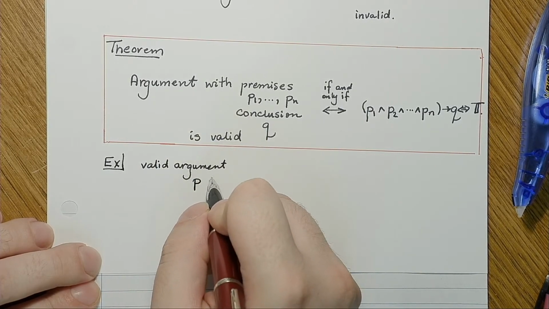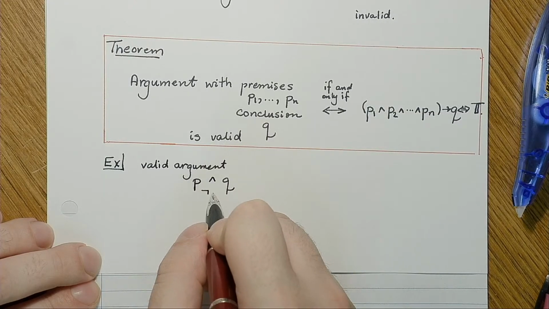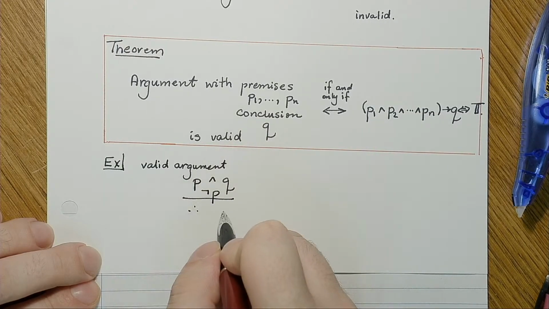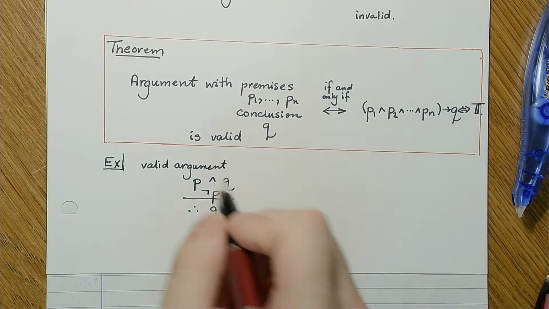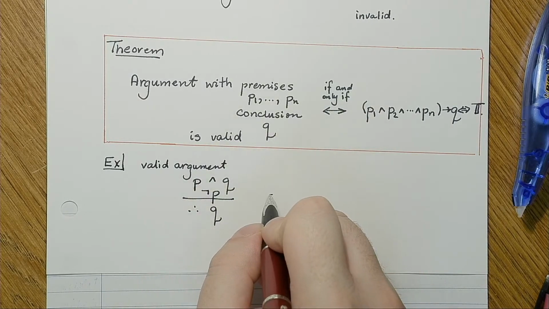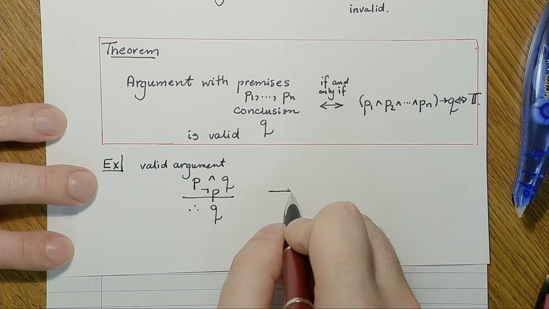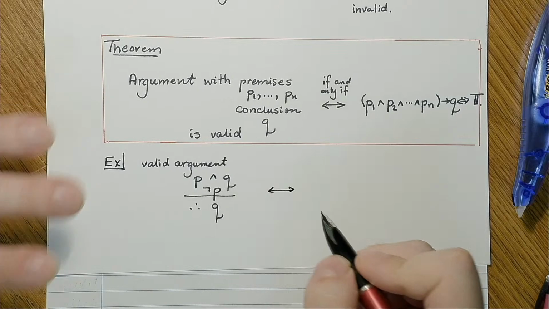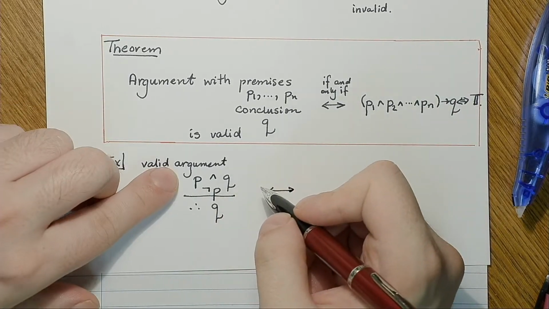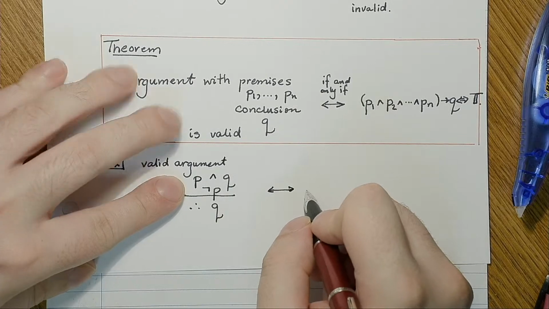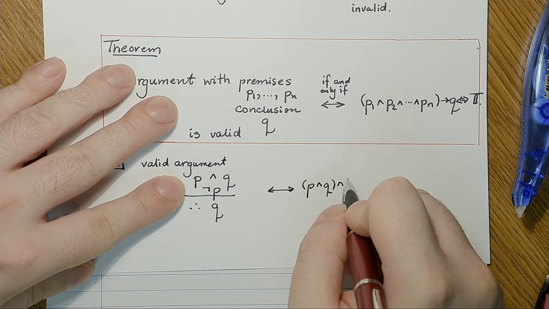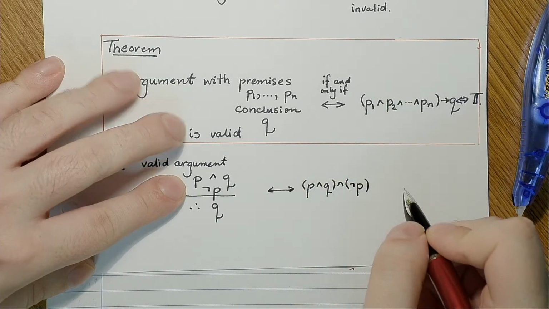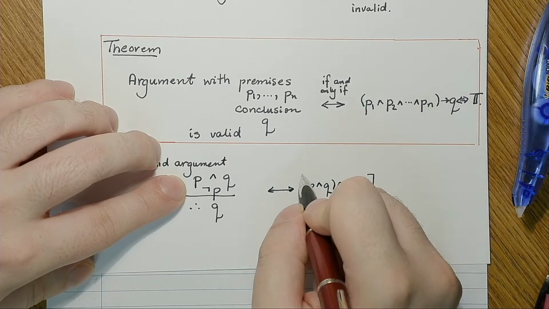I have P and Q. I have not P, therefore Q. This is valid by this theorem if and only if the premises, so here's the two premises together, so I have P and Q and not P. So these are the premises right here.